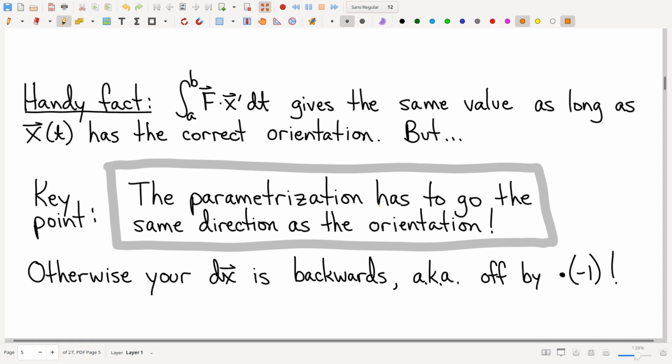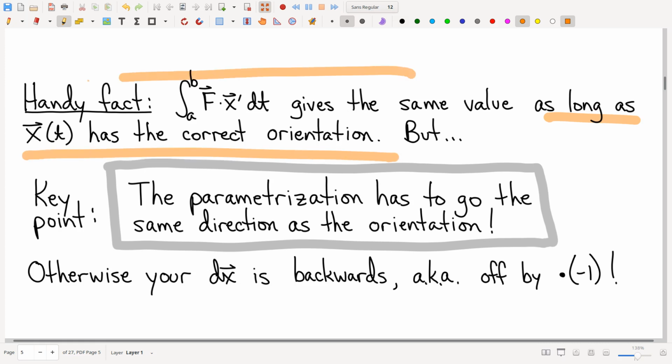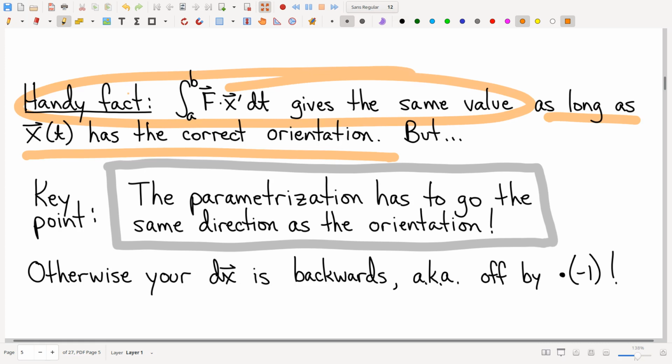So when you parameterize, you have to parameterize respecting the orientation, in the direction that the orientation is going. Otherwise, you're going to be going backwards. So that said, as long as your parameterizations go in the right way, cool fact, parameterization doesn't matter. Parameterize however you want, as long as you get the orientation right.